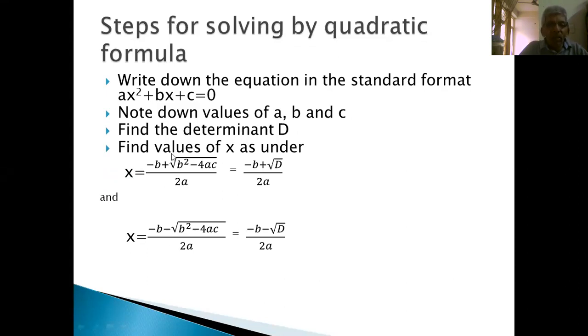X is minus b plus under root b square minus 4ac divided by 2a, or minus b plus under root D by 2a. There is one root and the other root will be minus b minus under root b square minus 4ac by 2a. So like we say alpha and beta, the two roots.